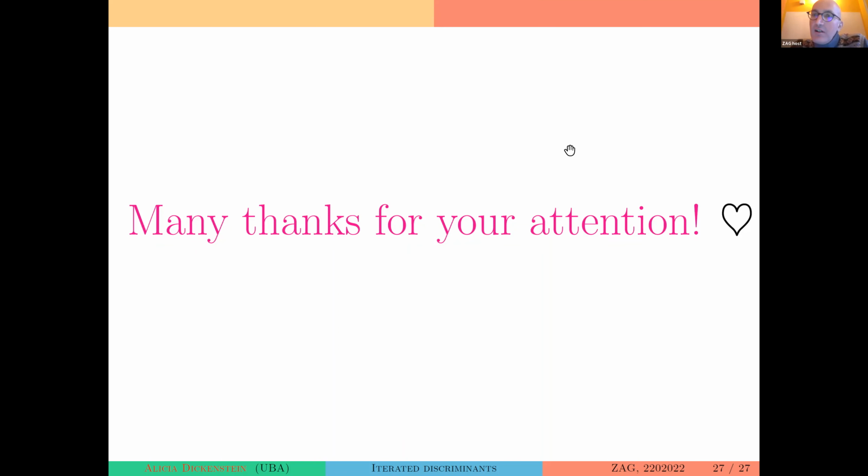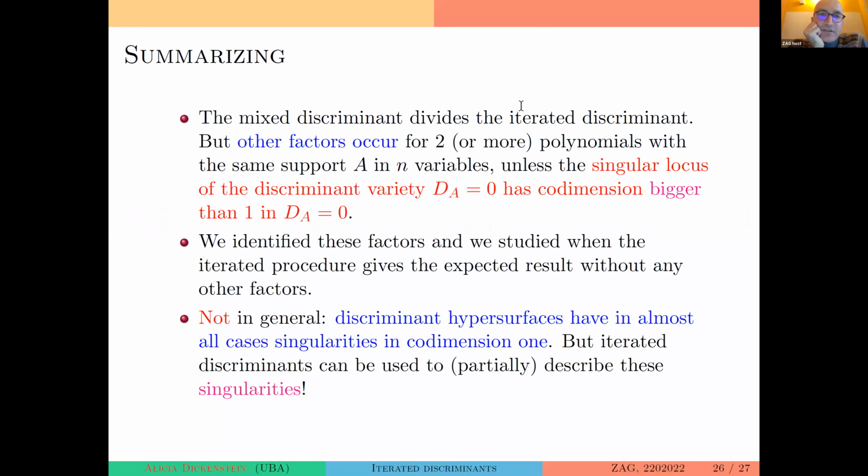Let me read: can discriminants be computed in positive characteristic? Yes, they can be described and computed in positive characteristic for sure, but we essentially use biduality, and biduality has trouble in positive characteristic. Is that the only obstruction to generalizing to positive characteristic, or are there others?